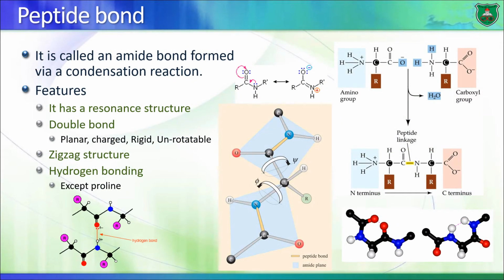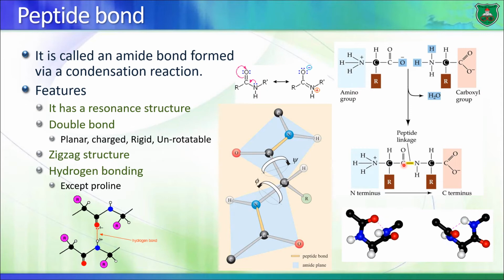When two amino acids are condensed to each other, forming a peptide, in organic chemistry this is known as the amide bond. So this is the amide bond: C double bond O, and the C is linked covalently to a nitrogen, and on the nitrogen there is a hydrogen. That's in organic chemistry.